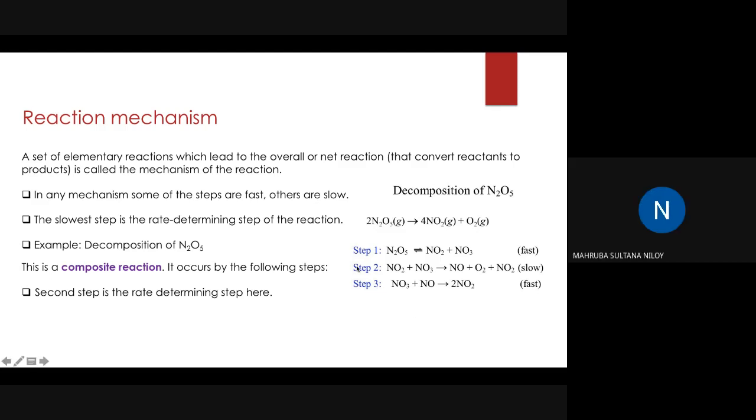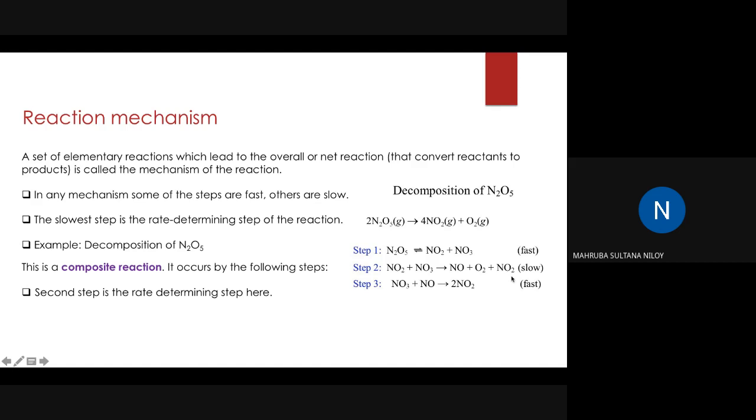Okay, so what happened in the first step? Sorry, dinitrogen pentoxide broke into nitrogen dioxide and nitrogen trioxide. Okay, nitrogen dioxide and nitrogen trioxide. In the second step, nitrogen dioxide and nitrogen trioxide reacted and created nitrogen monoxide, oxygen, and nitrogen dioxide.